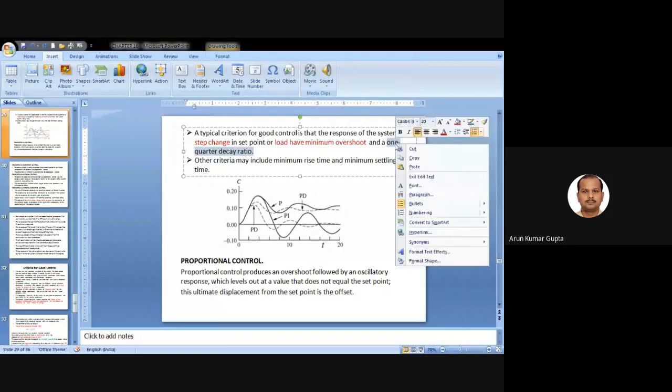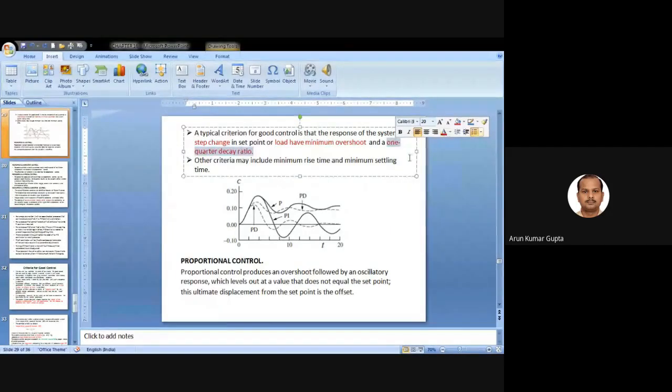One quarter decay ratio means the decay ratio, which in the graph is C by A. So we take the C by A value as 1/4. This is a very important point. So these are the points for finding the optimum value.